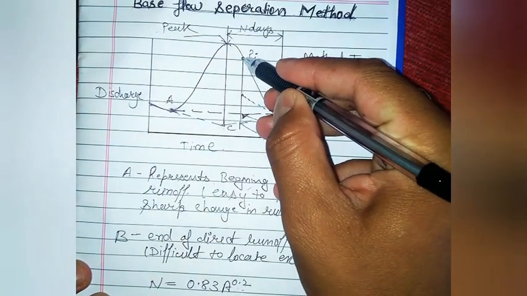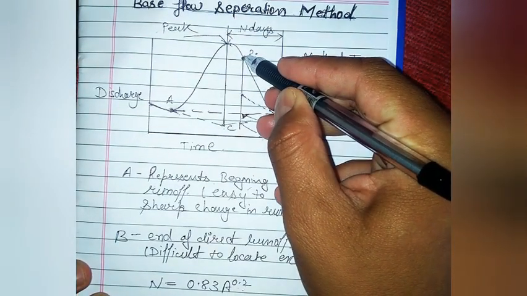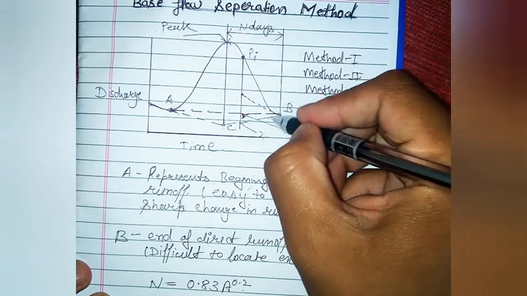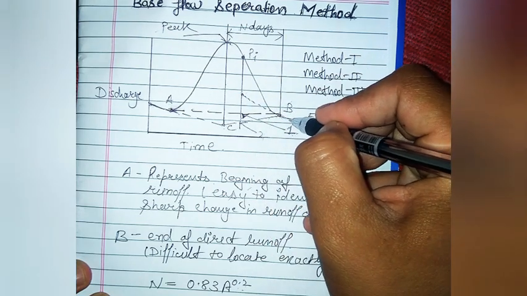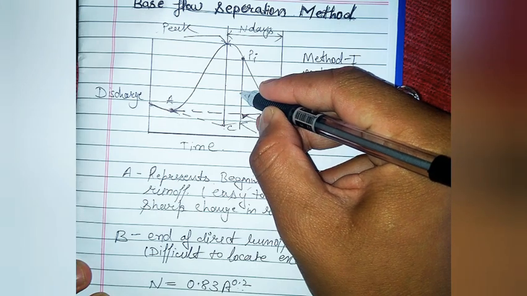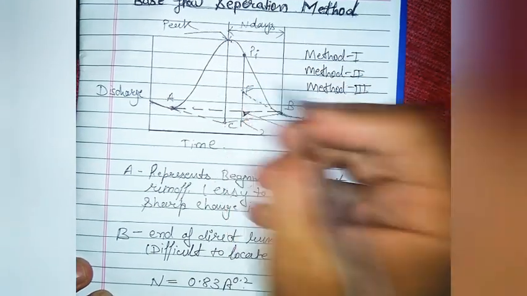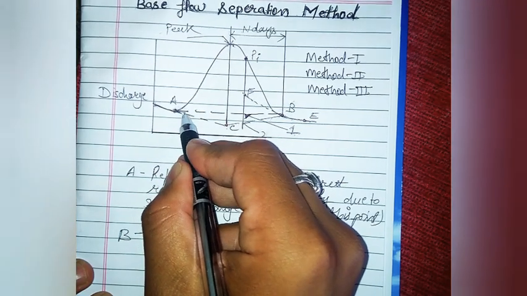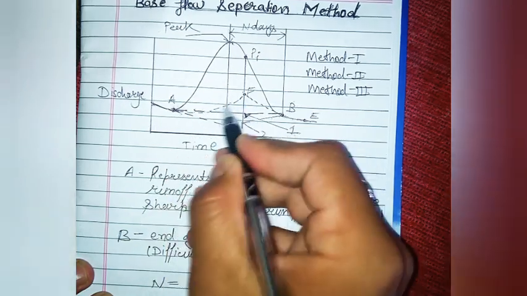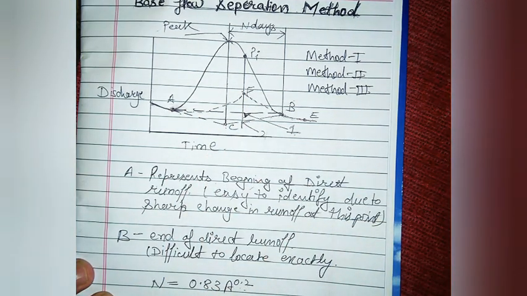This line is the inflection point line, which is going to be intersected by this curve that we are extending backward. Let that point be F. Then we'll join this point to A through a smooth curve. By this we can separate the base flow from the direct runoff.